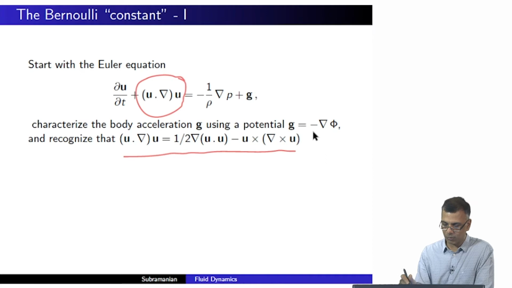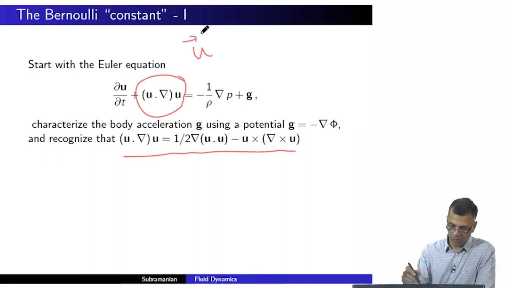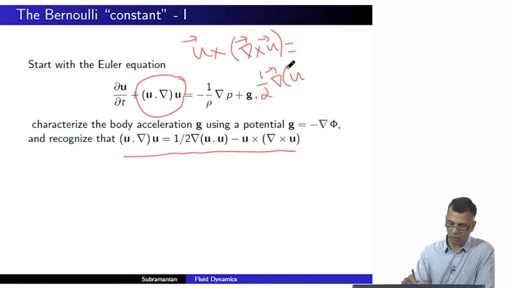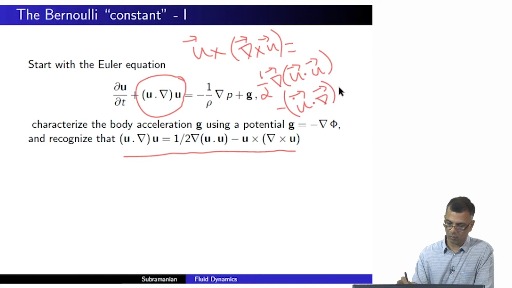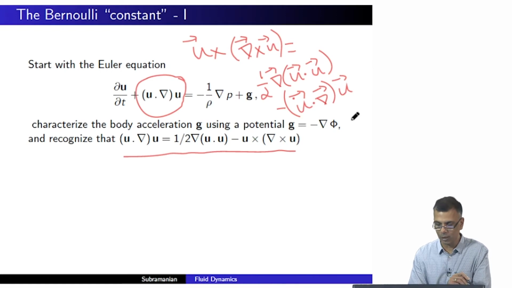This really follows from the definition of this. You would have seen this kind of a thing as an expansion of this quantity. This is equal to, you take this to the left, this is equal to 1/2 minus, this is the form of the identity that you might be a little more familiar with, and mind you, u dot del is not the same as del dot u.